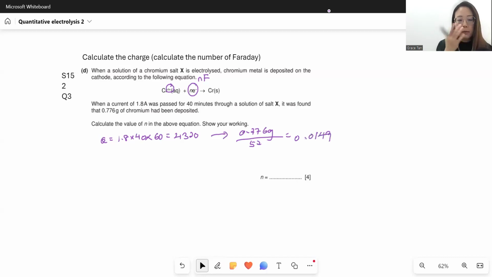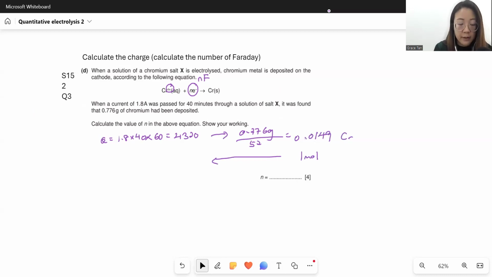Okay, so what we have obtained here is that in your experiment, you pass 4320 coulombs of charge and you obtain 0.0149 moles of chromium. So therefore, can we work back now? 1 mole of chromium, according to this relationship, requires how much quantity of charge?